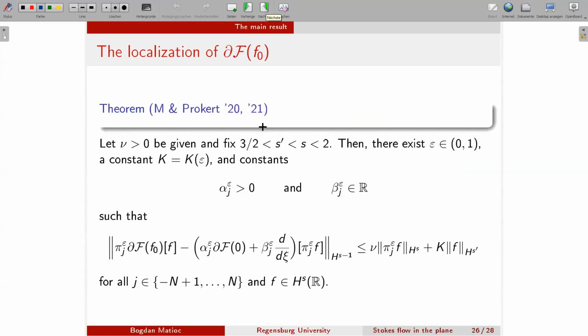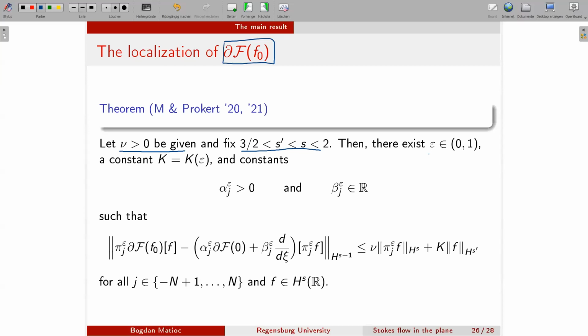And here is a theorem about the final result on the localization of the full pressure derivative. Again, nu is positive and given, and s prime is fixed between 3/2 and s.